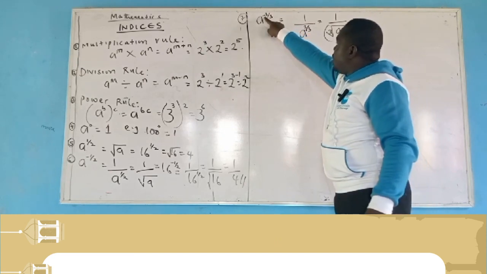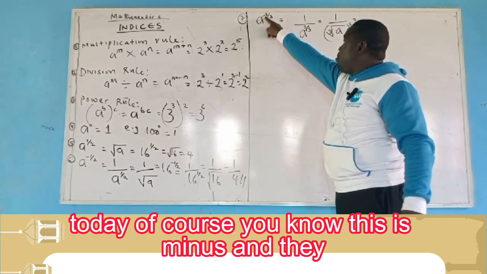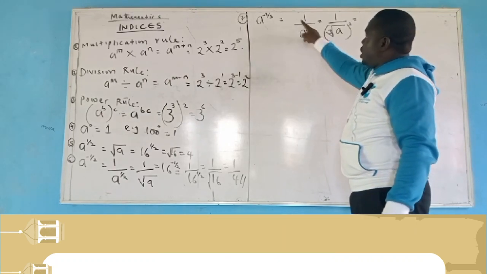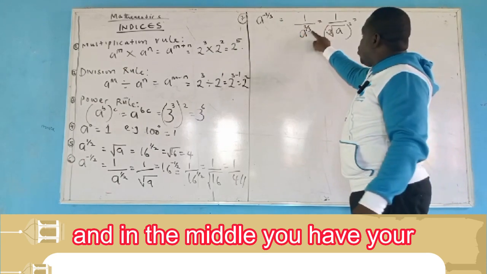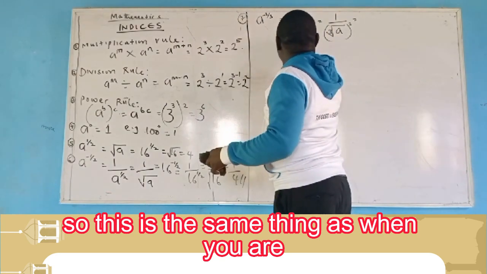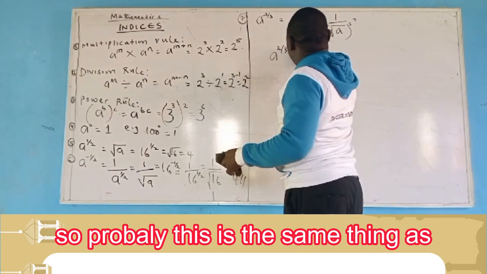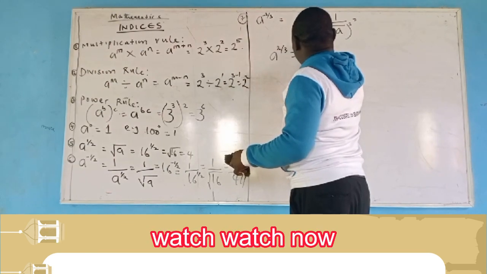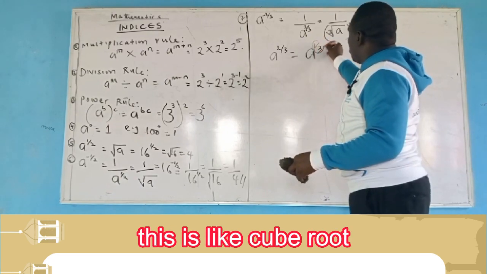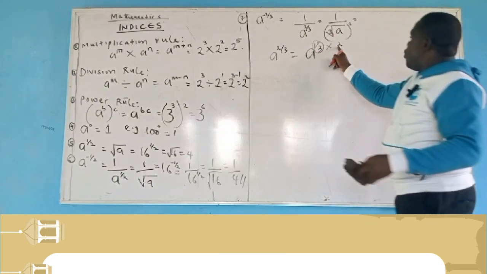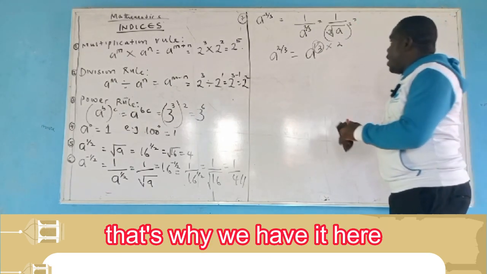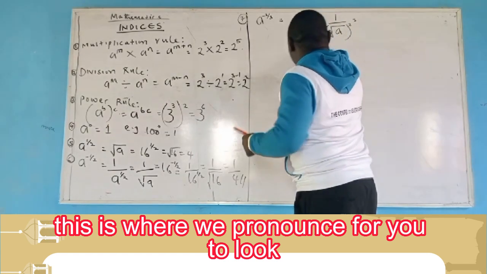Now, the reason I change this to this, of course, you know this is minus, and then you have 2, which is the numerator, and the denominator, you have your 3. This is the same thing as 1 times the cube root squared. This is like cube roots, and that's why we have the cube roots here. The power is in the numerator, that is why we have it here. This is so important for you to note.